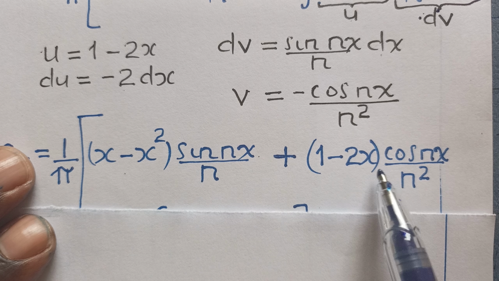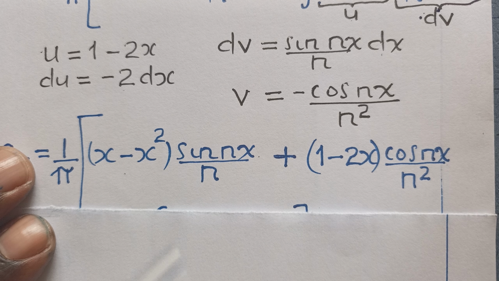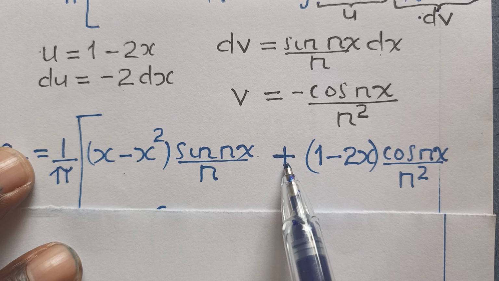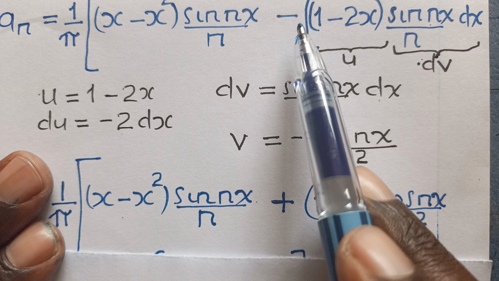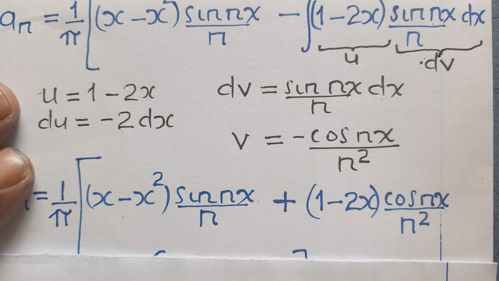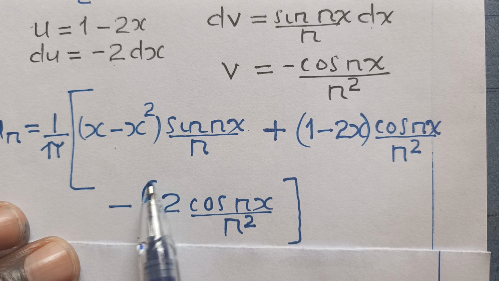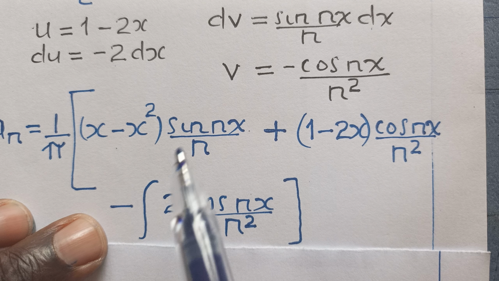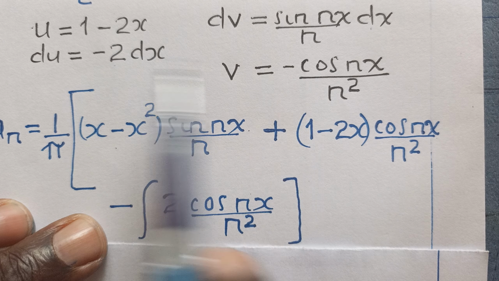The u is 1 minus 2x and v is cos nx over n squared. And remember, guys, that because of this negative, this one now becomes a plus. And now remember that this negative will still be there for this next term. For this next term, we shall have this negative right here. And then these two negatives, guys, will cancel.